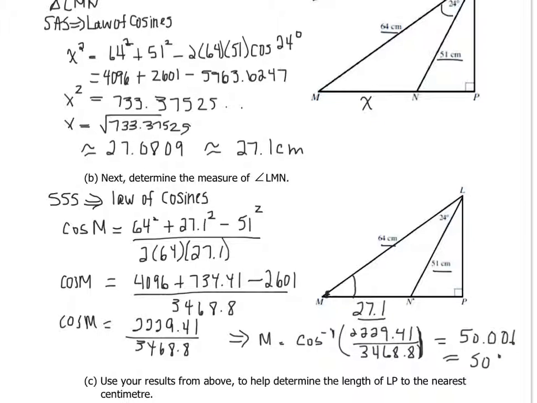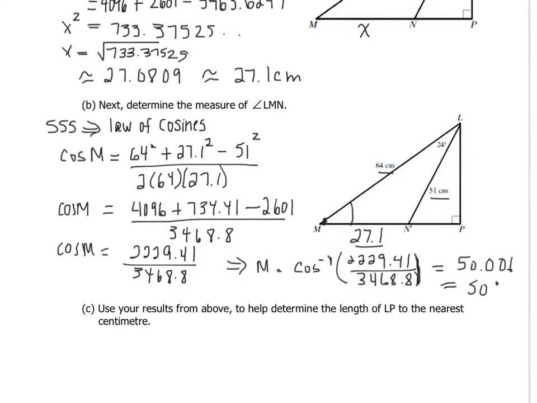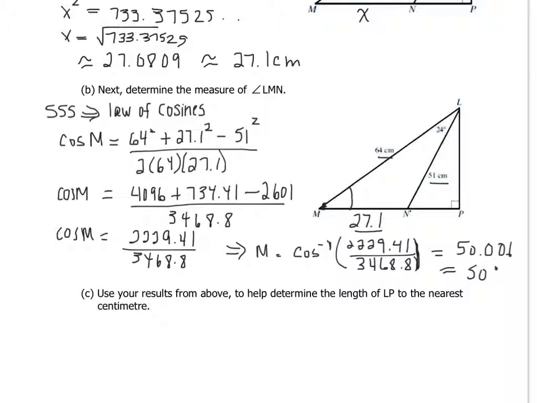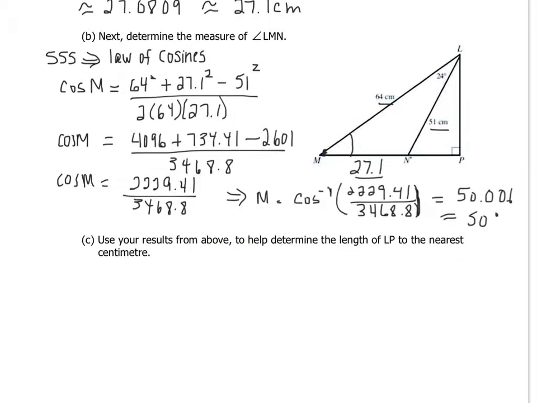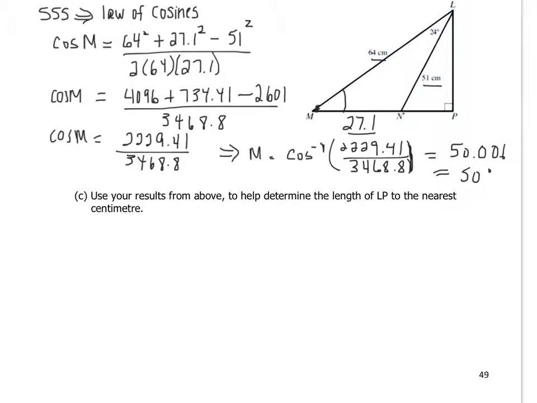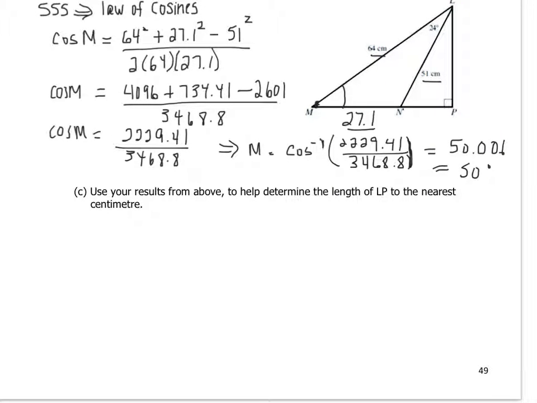Okay, so the last part of the question is now to find the side LP. If we go back up to that diagram and take the part of the triangle that has LP in it, this is L, this is P, this is 51, and we're looking for this right here, so we put an X next to that.